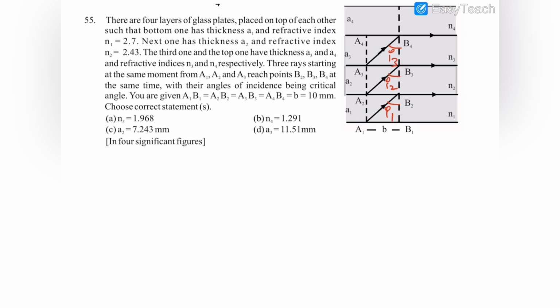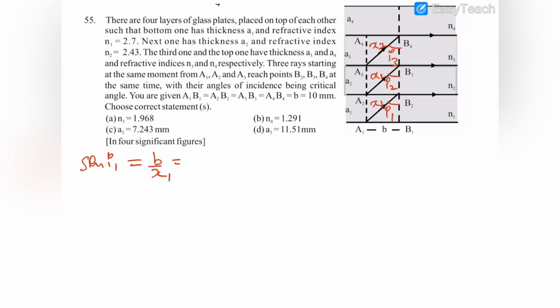Okay, now let us suppose that this distance is x1 and this is x2 and this is x3. So we can say that sine I1 will be equal to perpendicular upon hypotenuse, which is b by x1. In fact, we can write sine I1 as the critical angle.